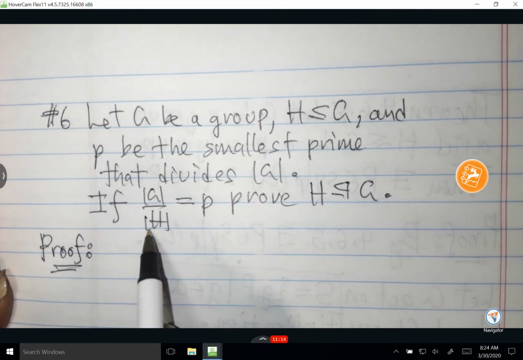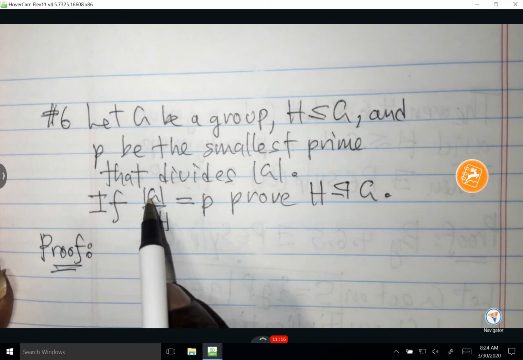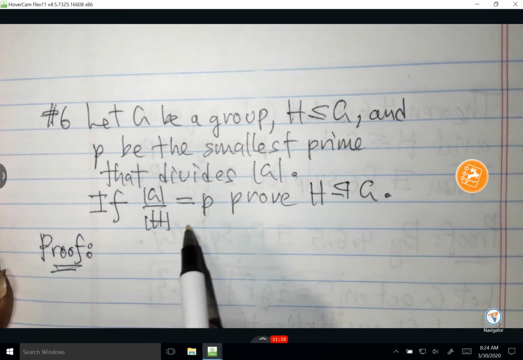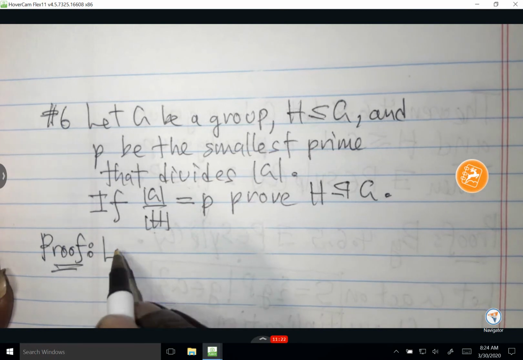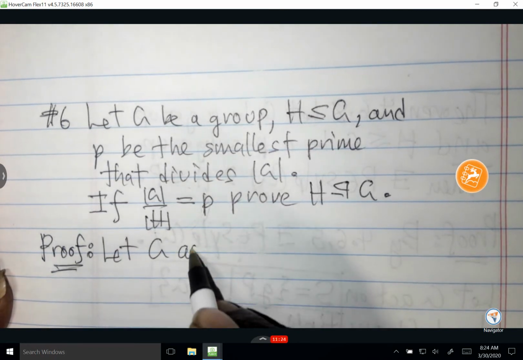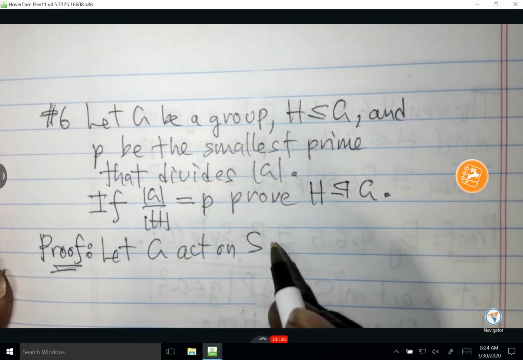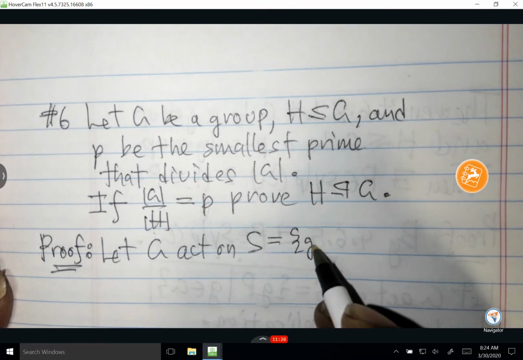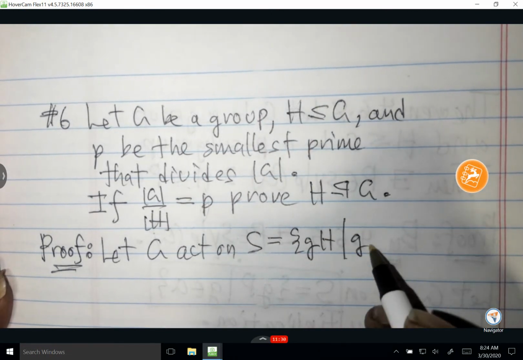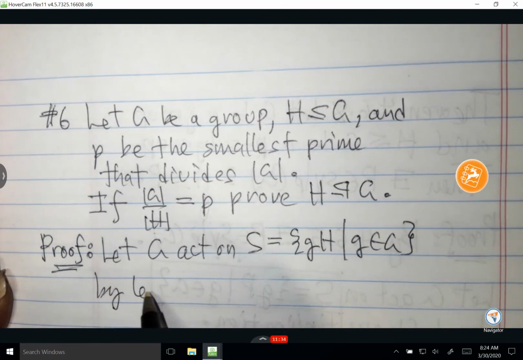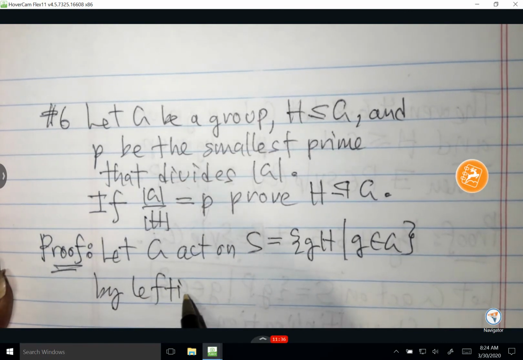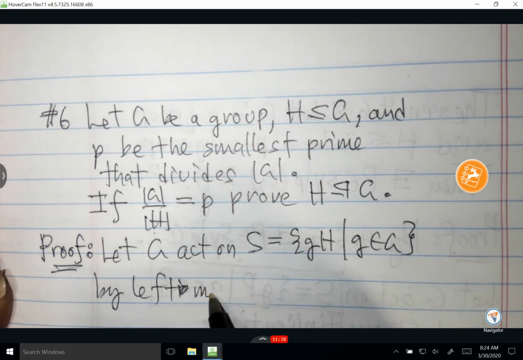Okay, so obviously I'm going to let G act on the left cosets of H in G, because we know there's P of them right here by Lagrange. So let G act on S, which would be the set of left cosets of H in G, by left multiplication.